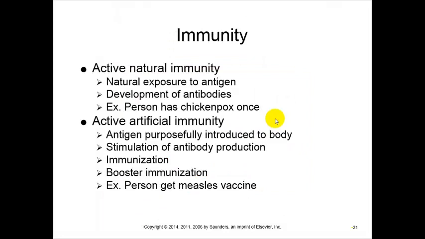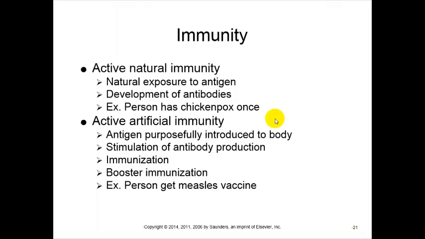Also, when we're talking about immunity, we can talk about active and passive immunity. Active immunity is where we're actually developing that resistance ourselves. And active natural immunity is just a natural exposure to that antigen, and it produces an immune response. So you're exposed to the chickenpox virus.